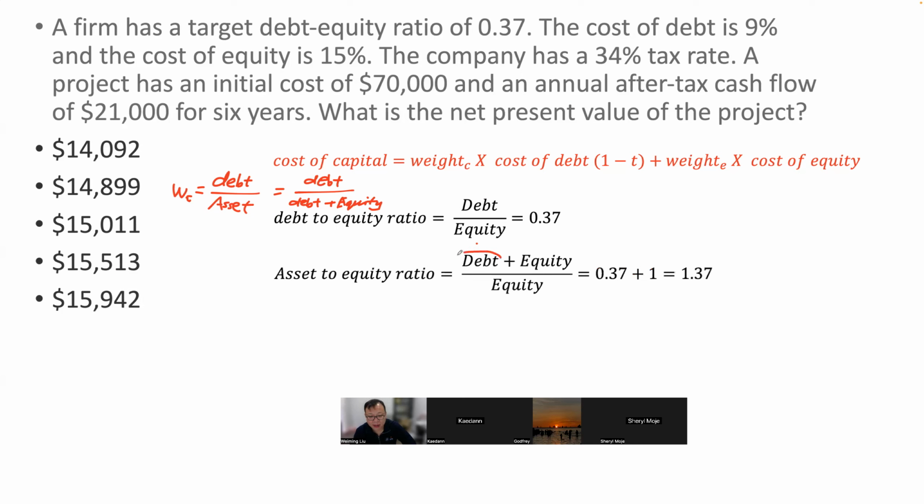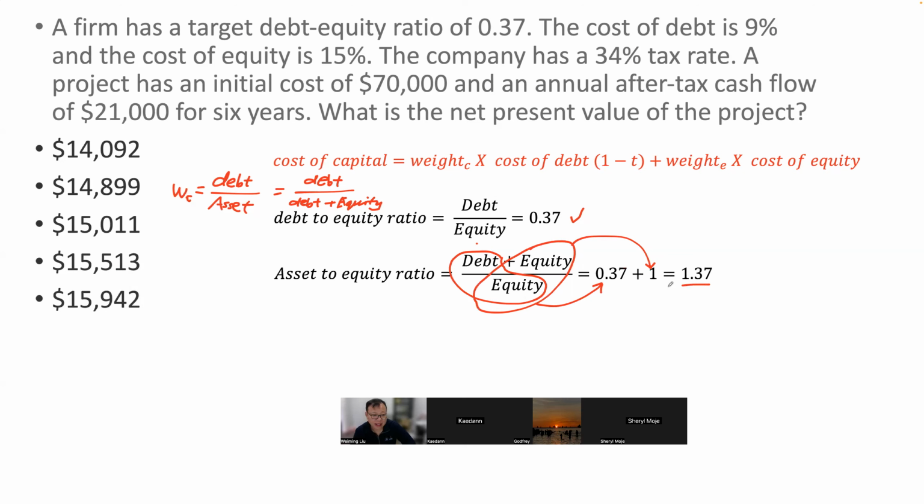The first part equals 0.37, and the second part, equity over equity, is 1. So the asset to equity ratio equals 1.37.